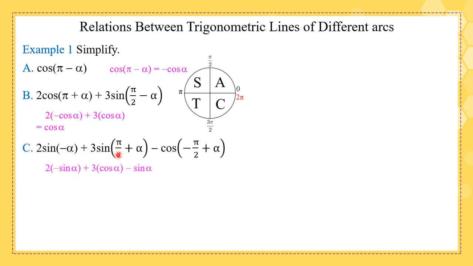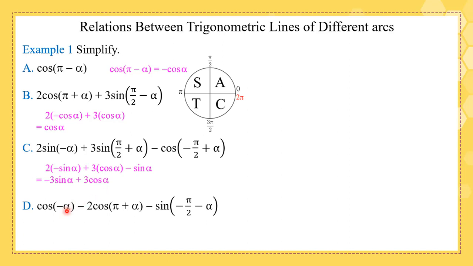In the second case, the sine in the second quadrant is positive, so it's left as it is, but we flip the trigonometric lines. And here in the fourth quadrant, as I said before, the cosine is positive, so we leave it as a plus, but we flip the trigonometric lines. And this becomes minus 3 sine alpha plus 3 cosine alpha.